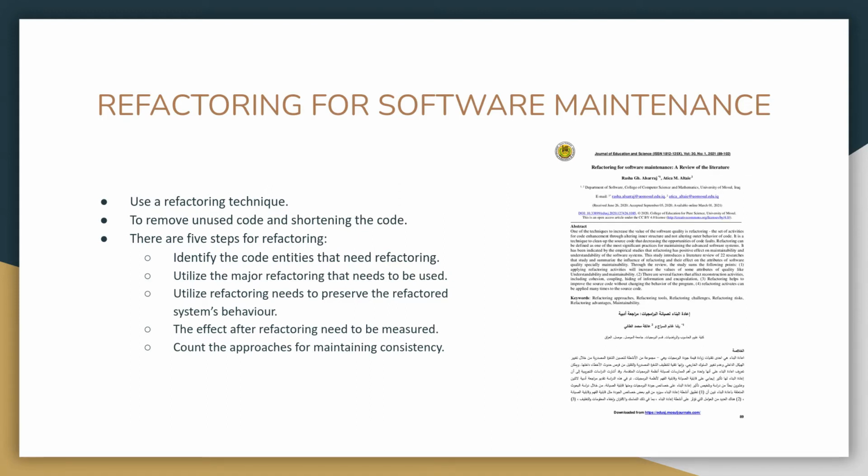The effect of refactoring means the quality attributes such as maintainability, complexity, flexibility, and understandability. And the last step is to count the approaches for maintaining consistency. This is because after the refactoring process is finished, the risk of impact on consistency between the source code and other software artifacts like documentation and design model is so high.